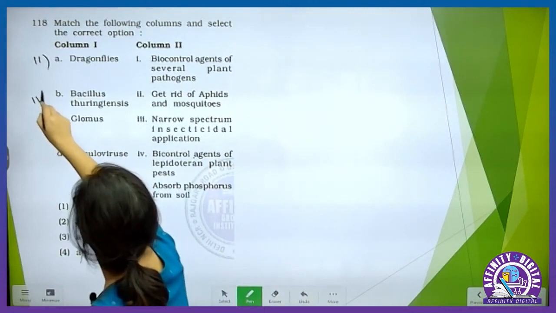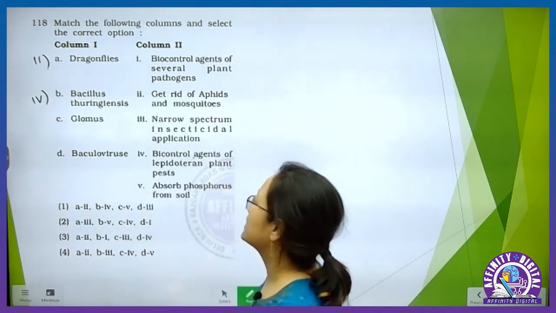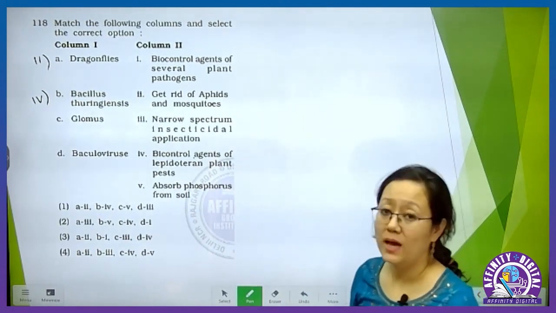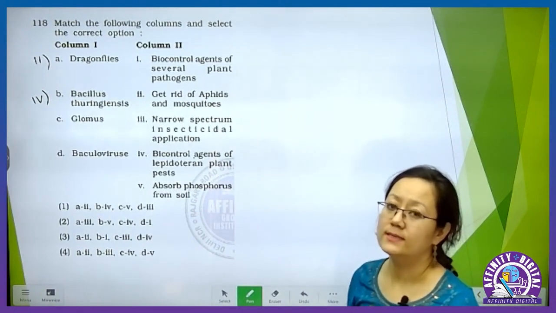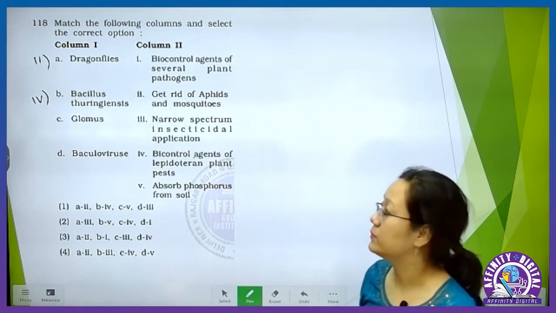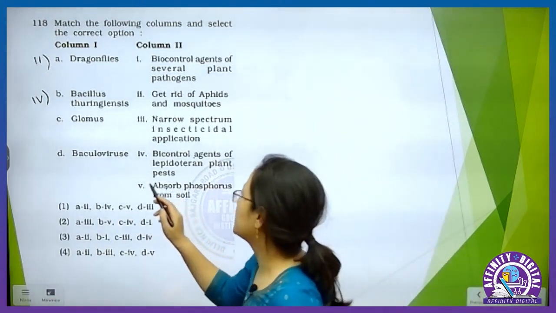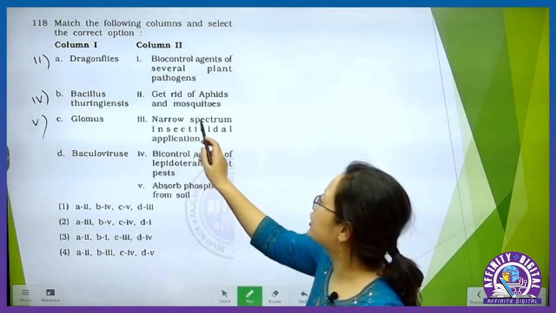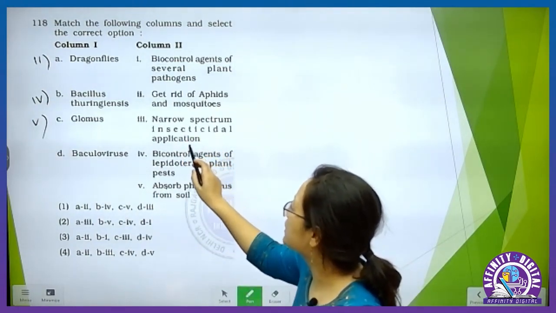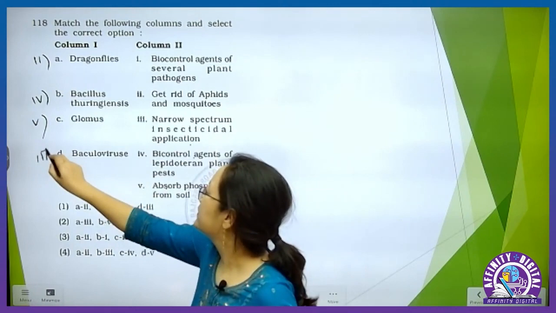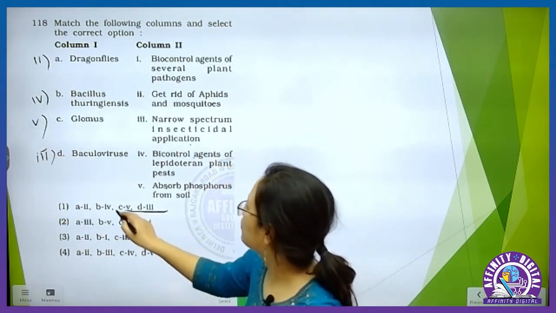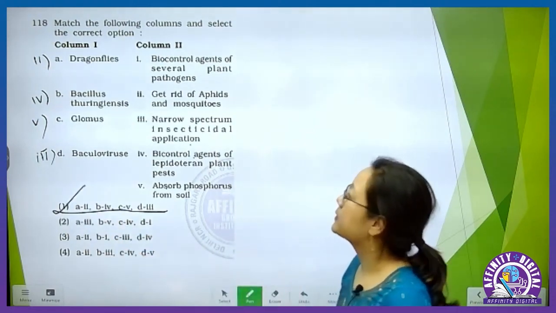Glomus is a fungus which has symbiotic association with roots of higher plants, and the fungus's role is that it absorbs phosphate and nitrate from the soil. So C should be 5. And baculovirus is used in narrow spectrum insecticidal application, D is 3. So the answer should be C5, D3, A2. This is the answer.